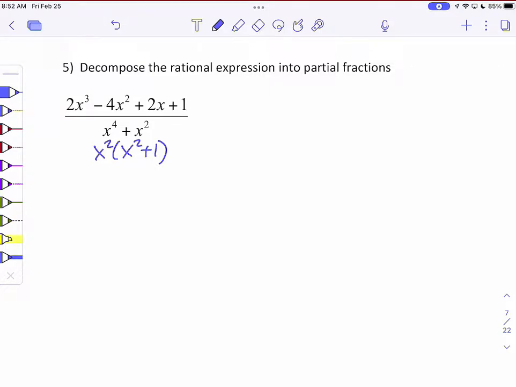Is it really a hard factoring one? I mean, not really. It's just that if people think that this should factor more, who knows what they're going to write. Okay, now, the next thing to do is decide how many fractions you're writing here. And I'll tell you, this is the most commonly messed up type of problem right here.